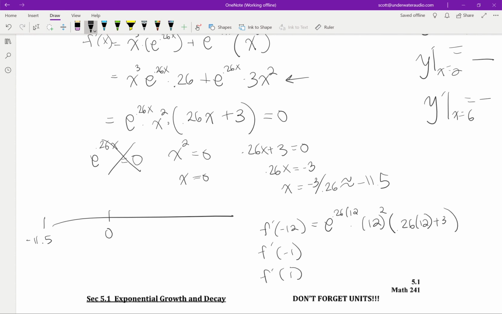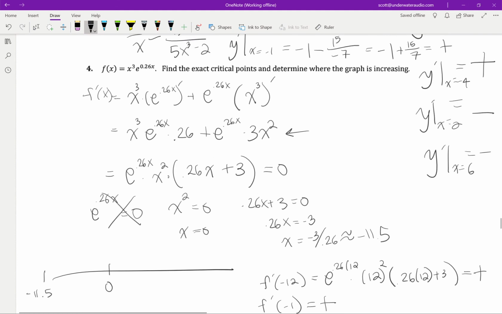Okay. Well, I get a very, very large positive number. And now we'll do -1. Okay, if I plug in -1, I also get something positive. And finally, we'll do just 1. Okay, I also get something positive.